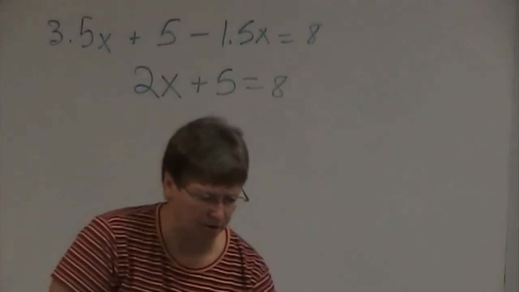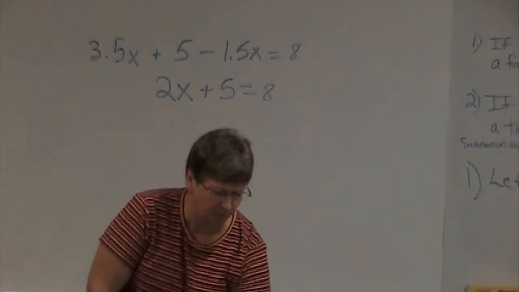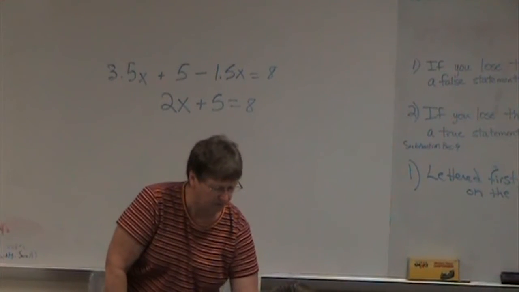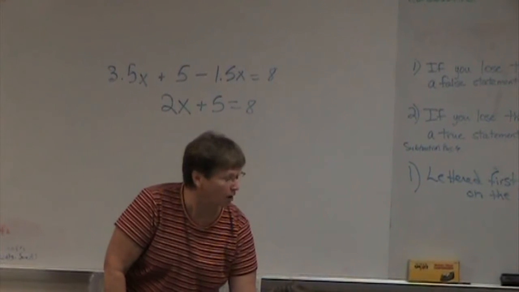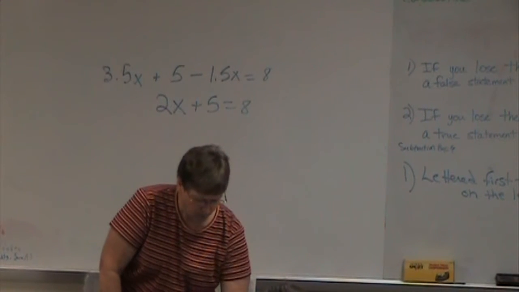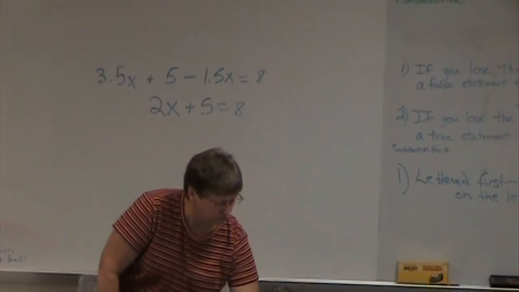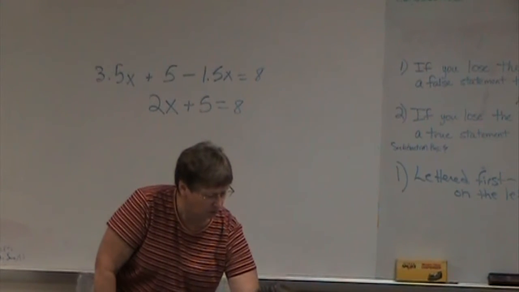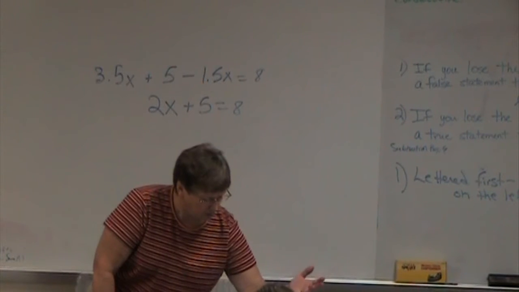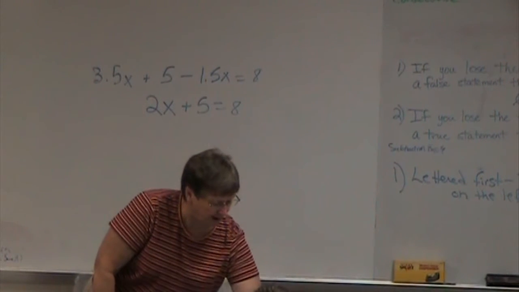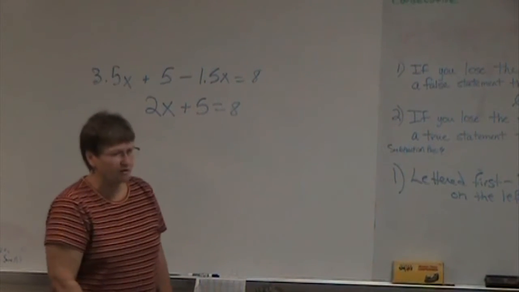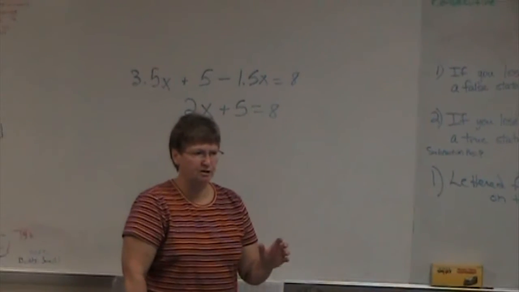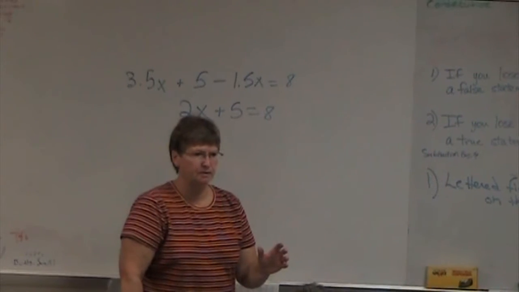In your textbook, I am going to put up a problem that has a letter on both sides. If you want to follow me, I'm on page 152. All right? 152. And I am going to do problem number 5. Okay? Is the letter term that's the biggest already on the left side? Yes.